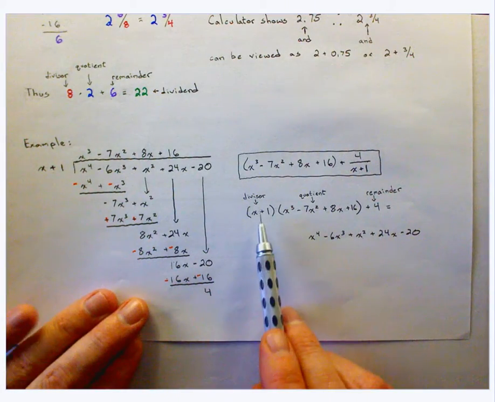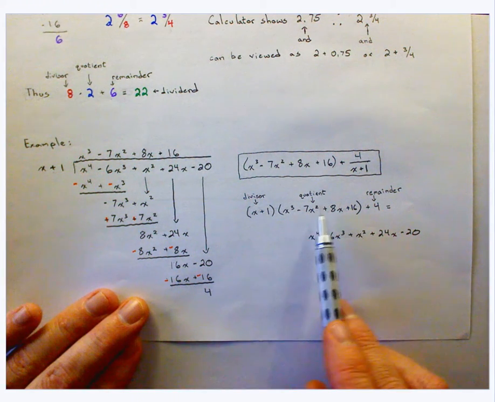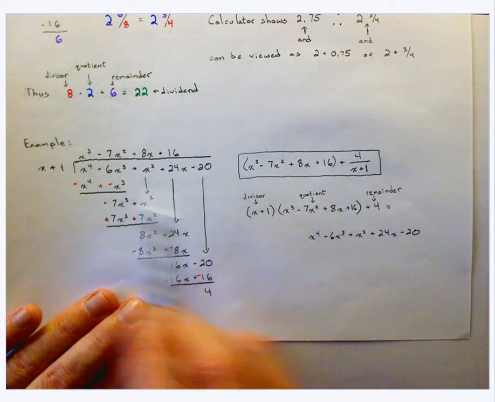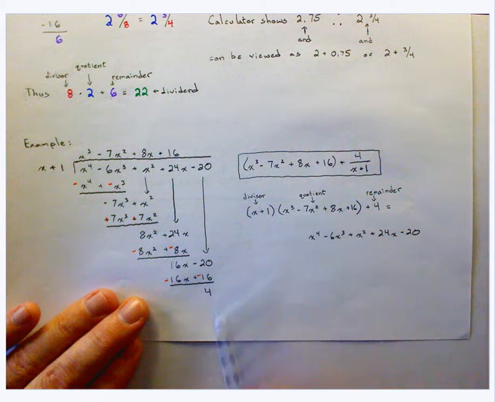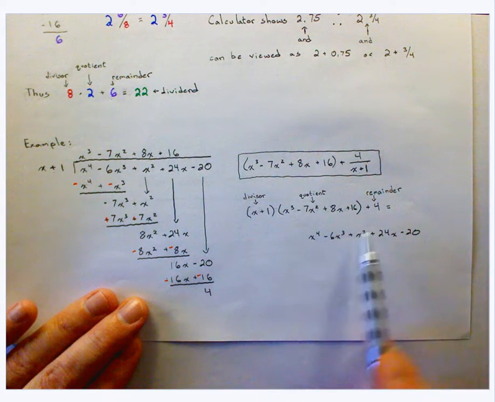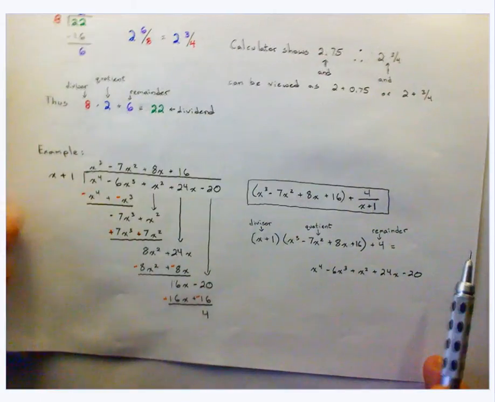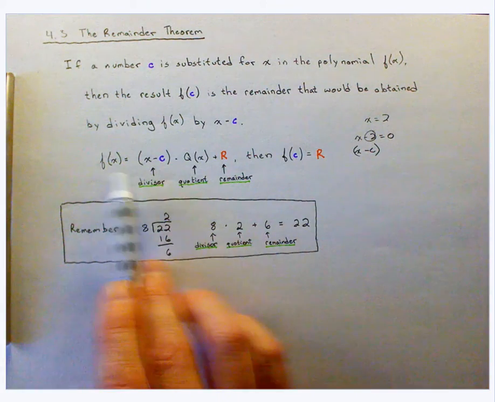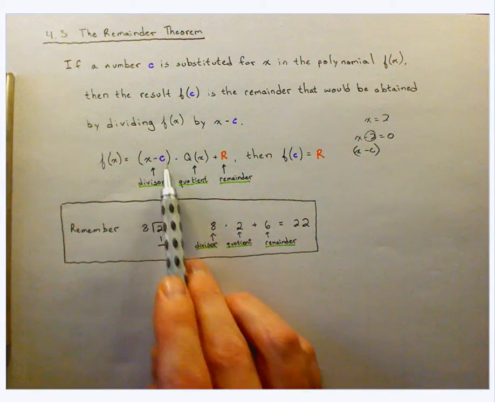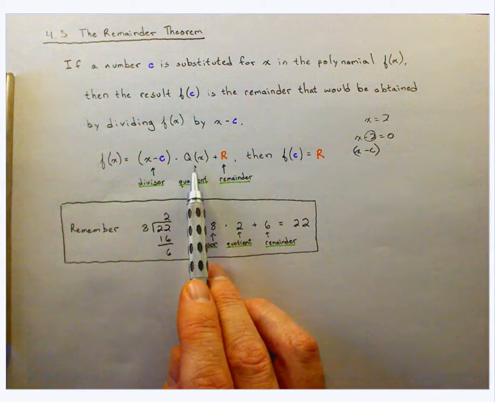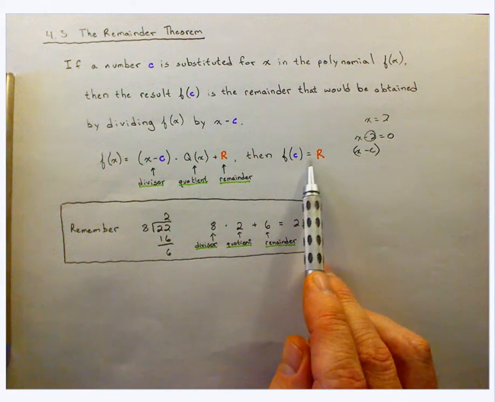I said if I were to take what I'm dividing by, the divisor, x plus 1, and multiply it by my answer, or what we call the quotient in a division problem, and then add the remainder, then I will get the original polynomial that was the dividend. And that's what this theorem is saying. If I take the divisor, x minus c, and multiply it by my answer, the quotient, and add to it the remainder, then f of c will equal r.